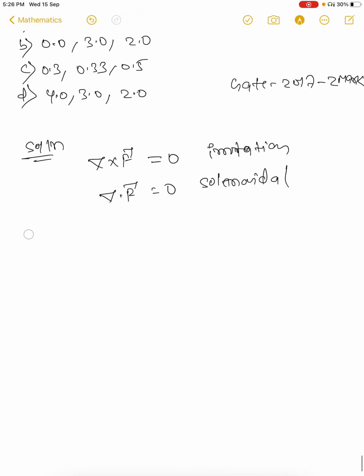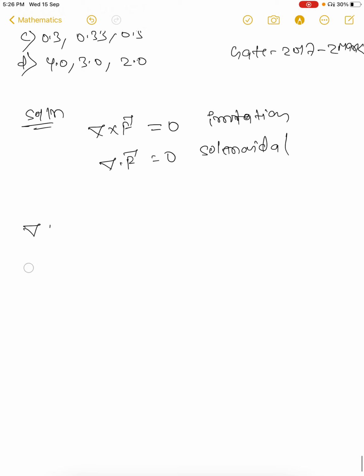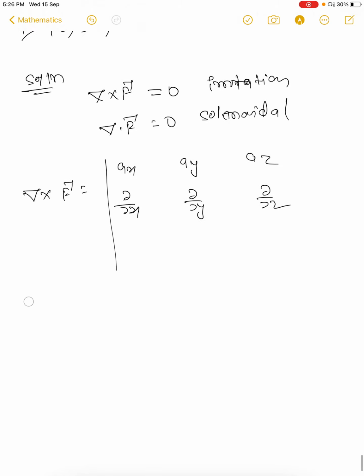But here it is given irrotational, so we have to find del cross F. So ax, ay, az, del upon del x, del upon del y, del upon del z, and 3y minus k1 z, k2 x minus 2z, and minus k3 y plus z.